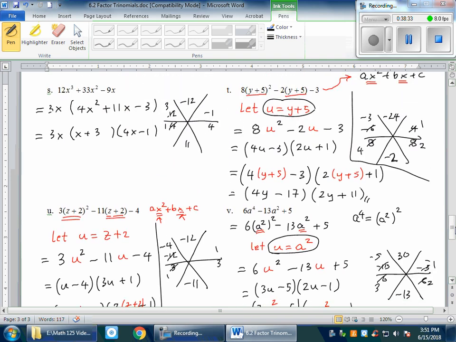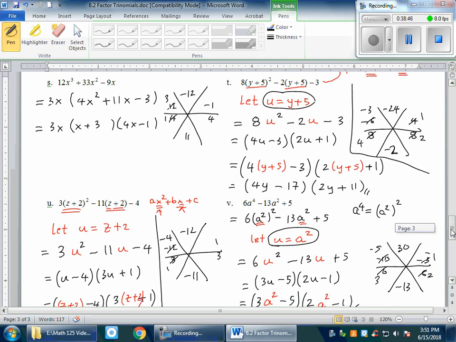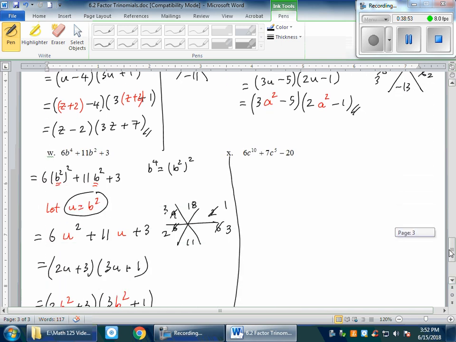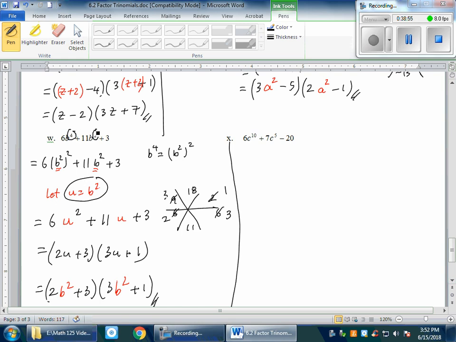The exponent of the first term is y plus 5 to the second power. The exponent of the second term is y plus 5 to the first power. So notice that the exponent of the first term is twice the second term. Similarly right here, 4 and 2. And right here, again, it will be 4 and 2.